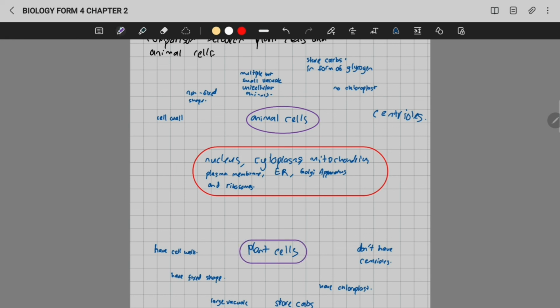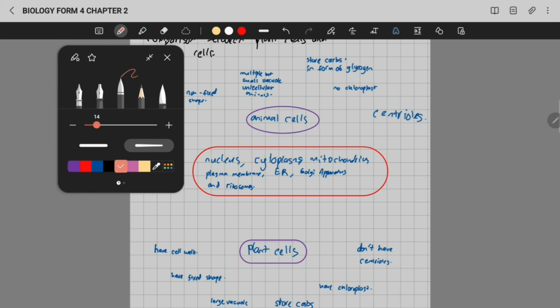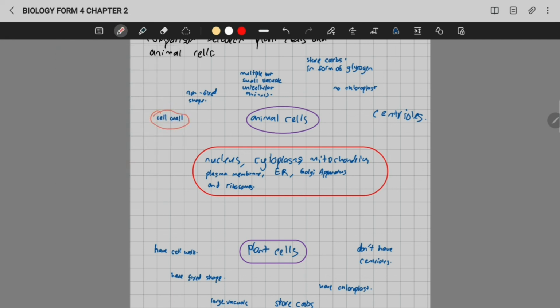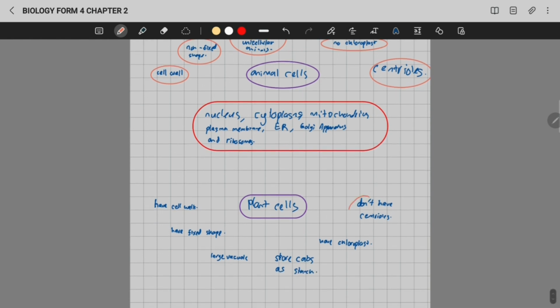But this is not all of the comparison that is usually asked. They can also ask you what is the difference between the chloroplast and the mitochondria. These two cell components are like twins to each other, so they really love to ask you what is the difference between the mitochondria and the chloroplast.